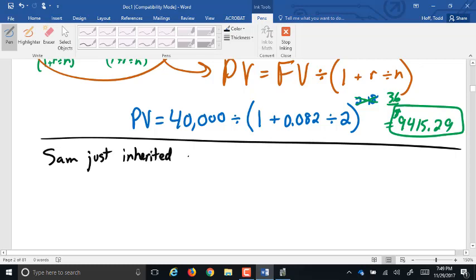Let's say Sam just inherited a lot of money. We don't need to know how much.